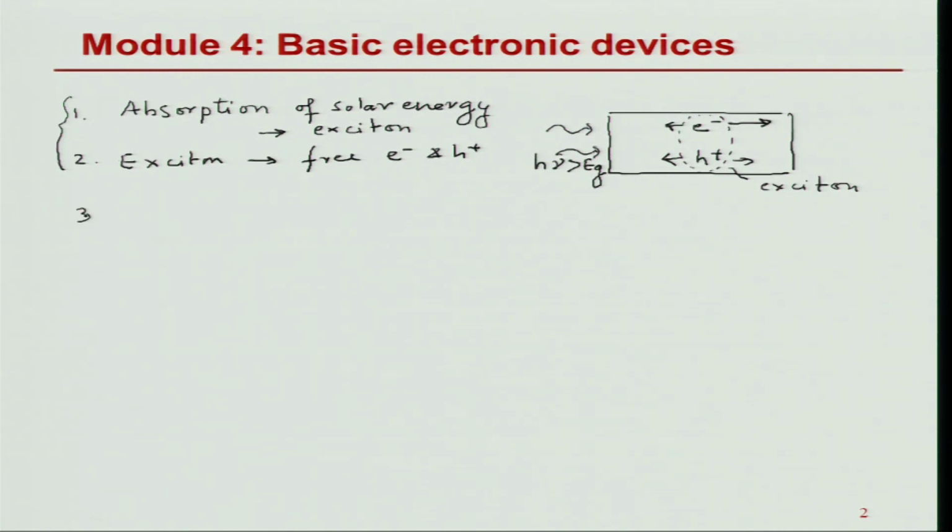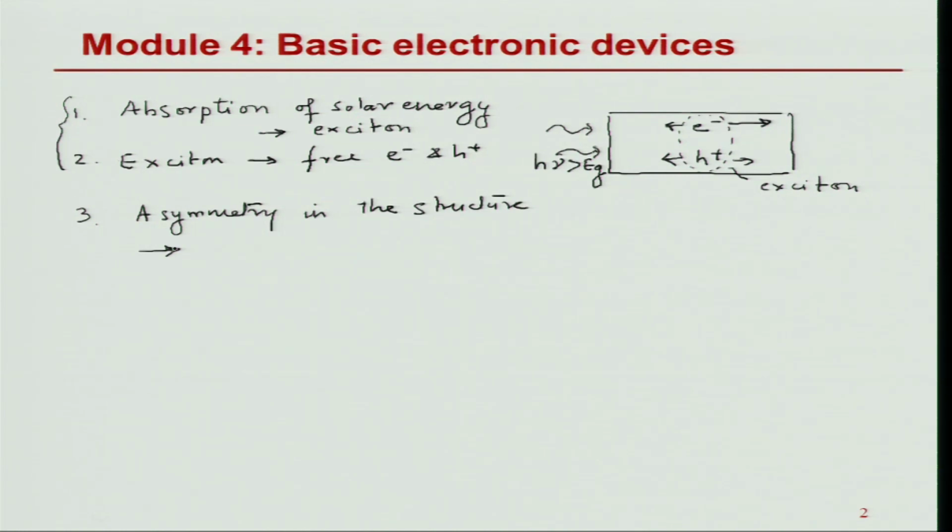Now comes the essential step of the photovoltaic, where electronic devices are important: we have to have an asymmetry in the structure. The asymmetry in the structure makes sure that the electrons are collected on one end and the holes on the opposite end, because if there is no discrimination on how the electrons and holes move, they will eventually recombine and you will not get anything.